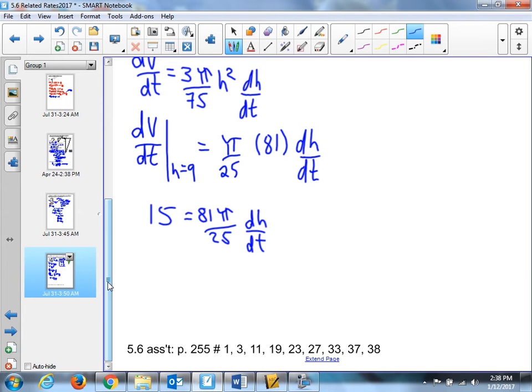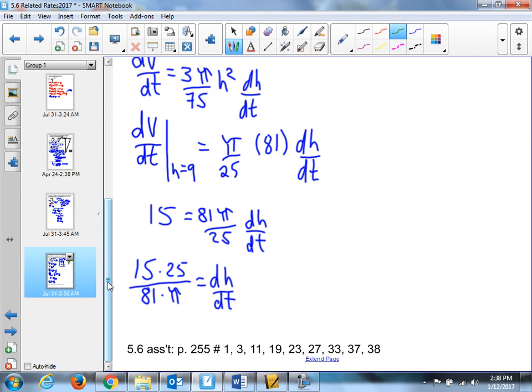These ones aren't even that bad to operate with anyways. You could just leave it as 15 times 25 over 81 times pi equals dH by dt. Now, you could figure some more things out. I know there's a group of 3 within 15.